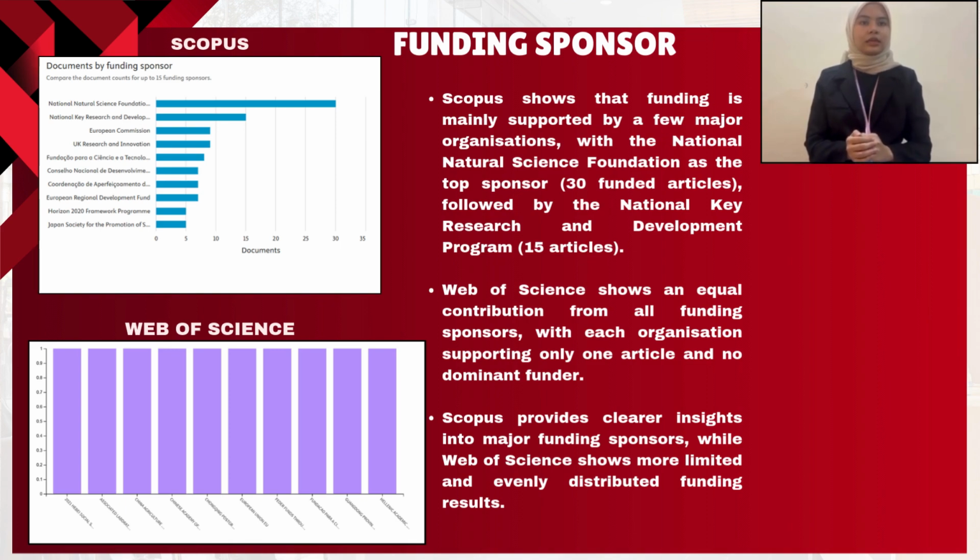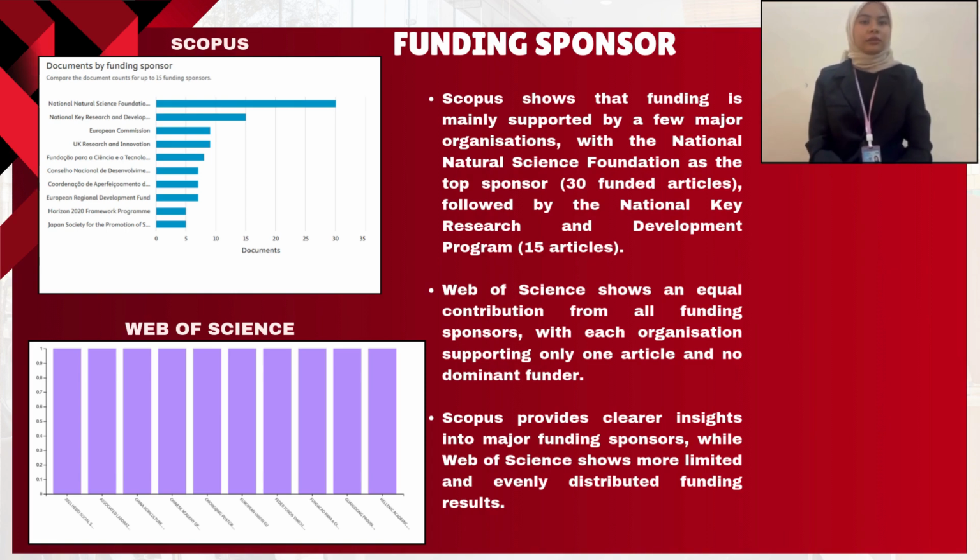Then it is followed by the second organization that has funded 15 documents, and it's from the National Key Research and Development Program. Other funding bodies have fewer publications, which makes the number of document results more limited.